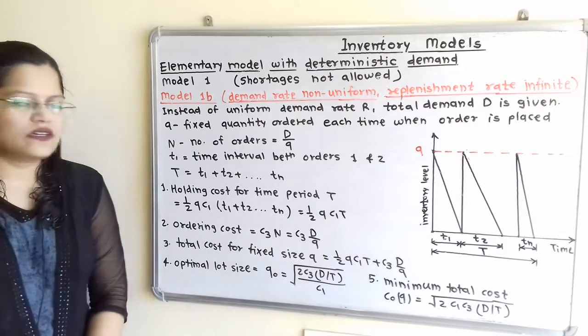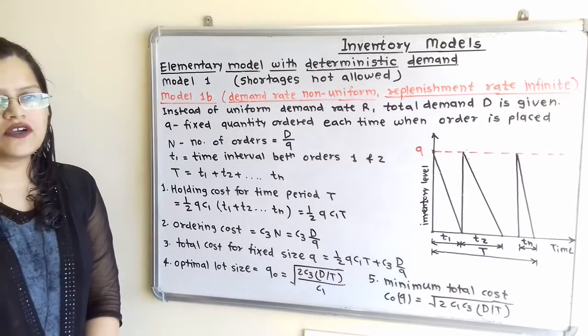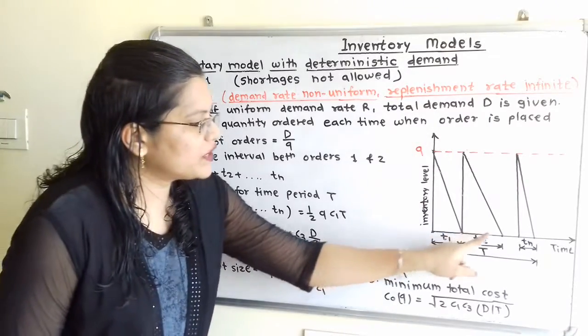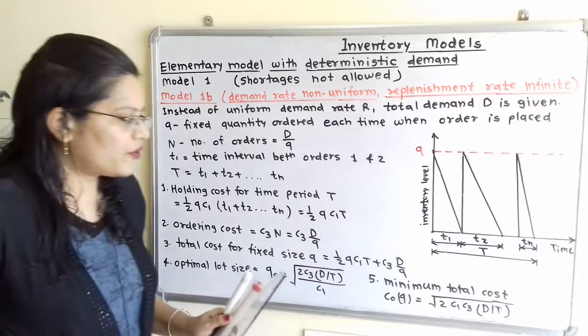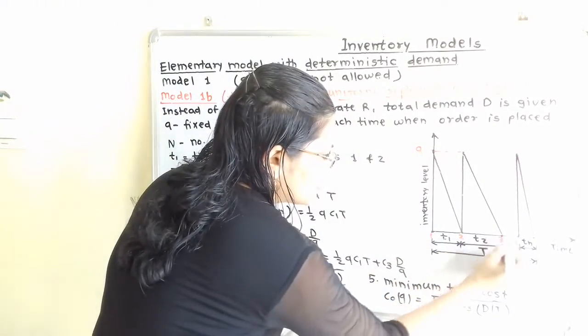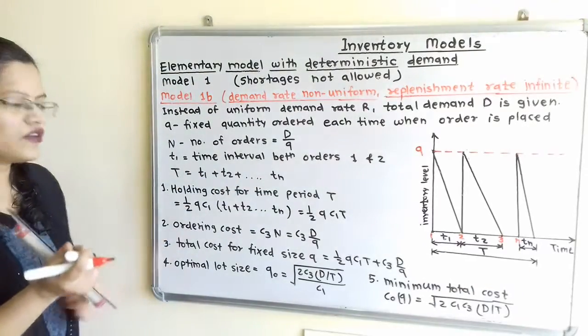Then we move to the next formula, ordering cost. C3 is the ordering cost per order. C3 is for each and every order: here is order number 1, order number 2, 3, and here is order number n. For each order C3 is the ordering cost.